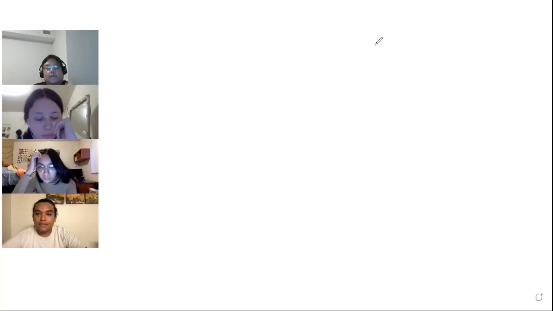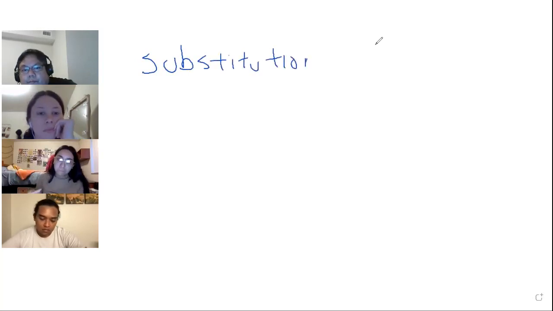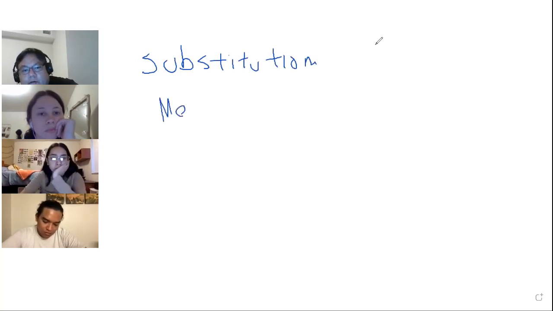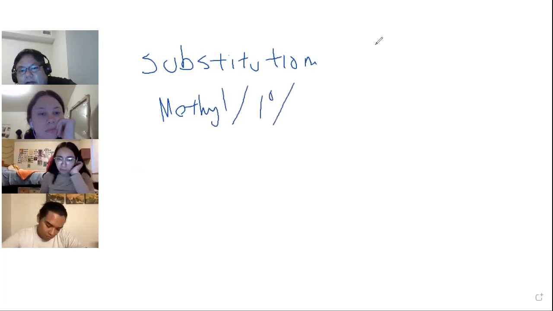The first thing you should always look at is the substitution of your carbon. Meaning, is it a methyl carbon? Is it a primary? Is it a secondary? Is it a tertiary?